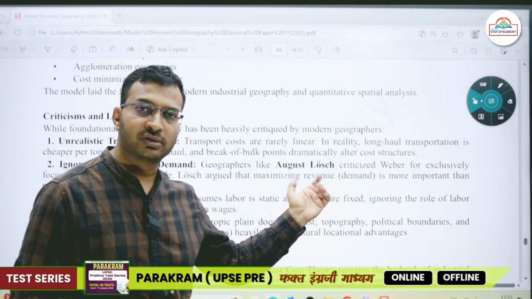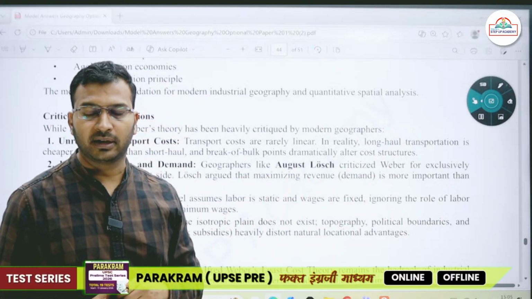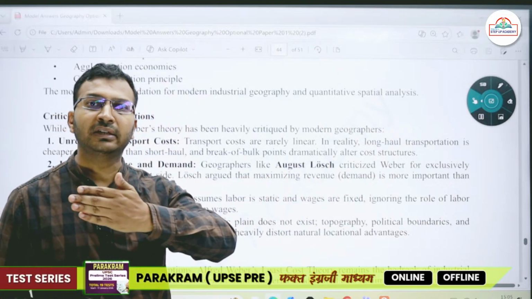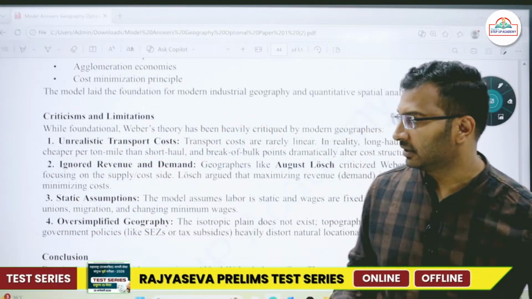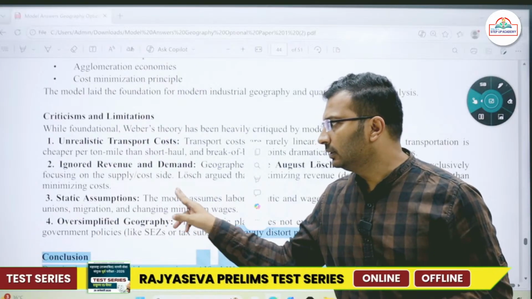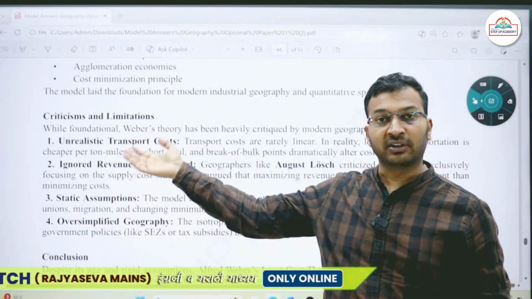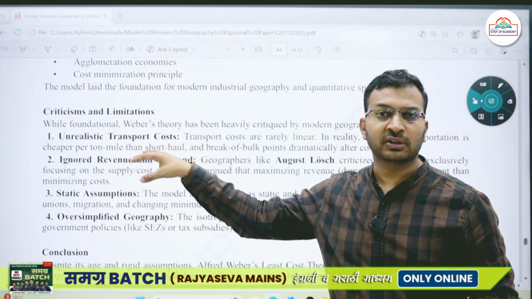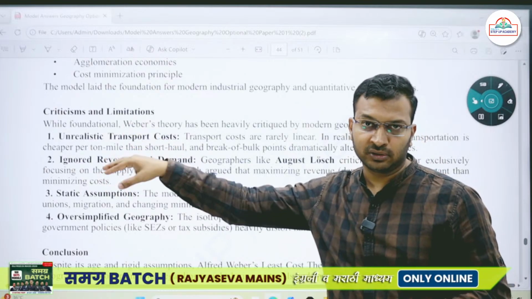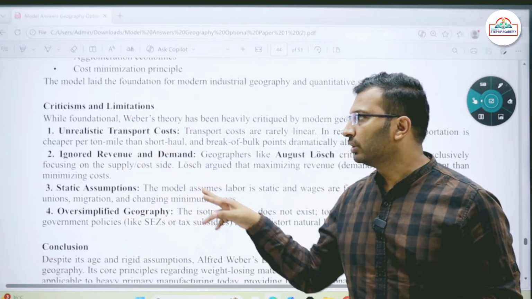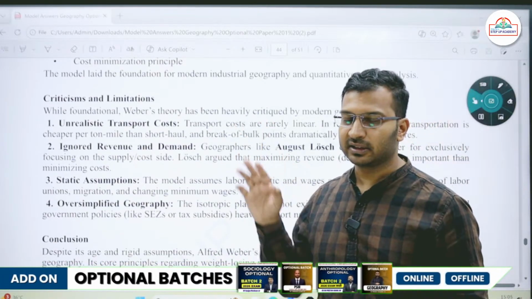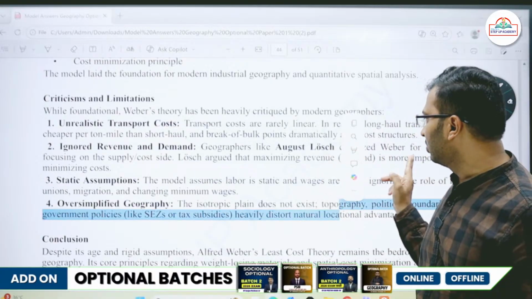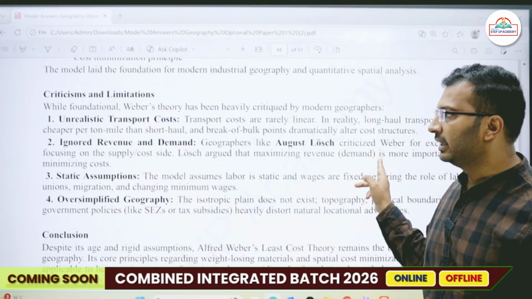But steel is mostly used in urban areas, so most of the industries, iron and steel industries as well, are locating nearer to urban areas, just to generate more revenue, and they are using recycled steel. So he ignored revenue and demand, and focused only on decreasing the transportation cost. Geographers like August Losch criticized it.